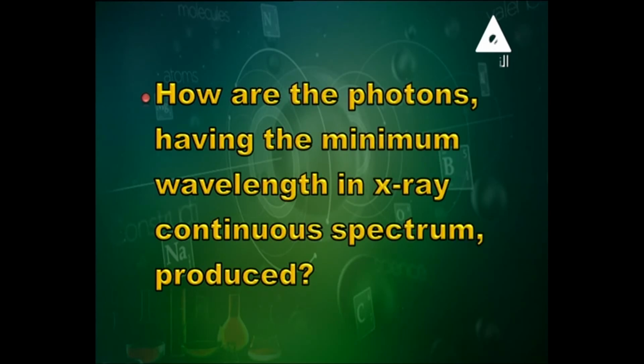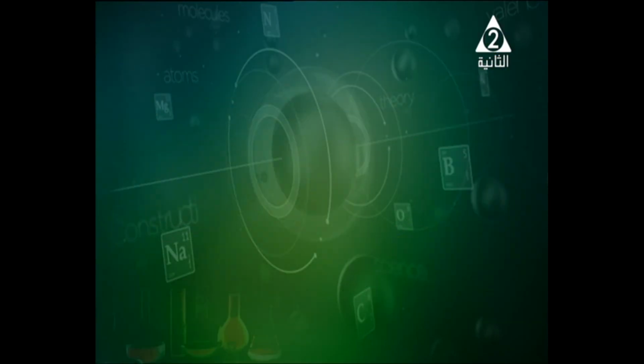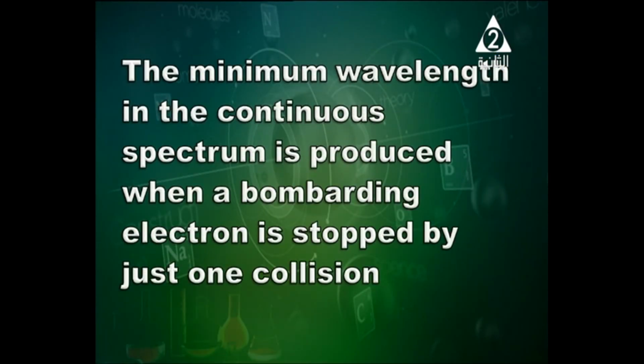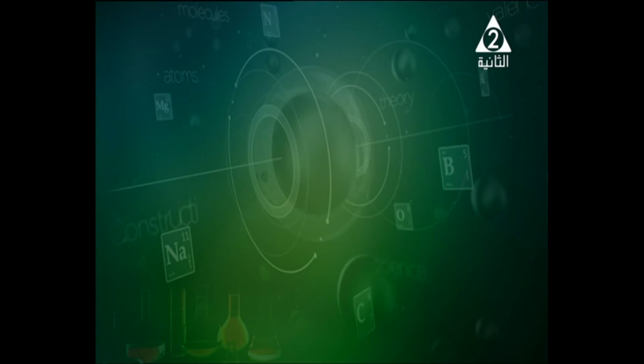And how are the photons having the minimum wavelength in X-ray continuous spectrum produced? Okay, the minimum wavelength in the continuous spectrum is produced when a bombarding electron is stopped by just one collision.